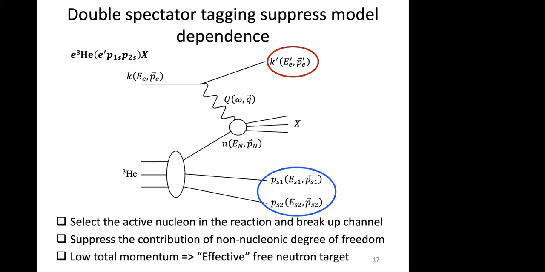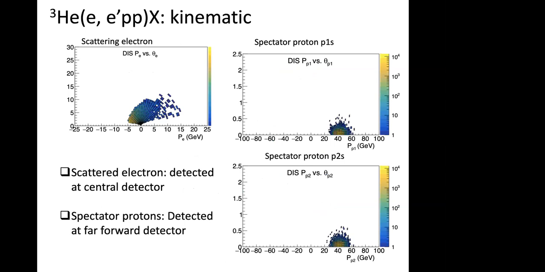That is the why and how we are going to measure the asymmetry using double spectator tagging.